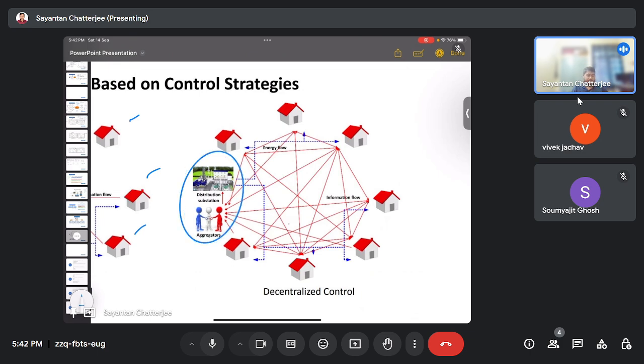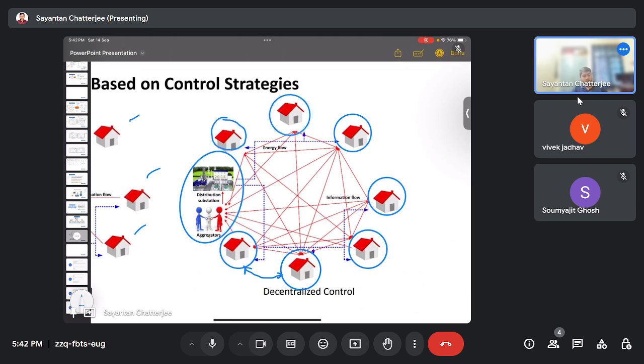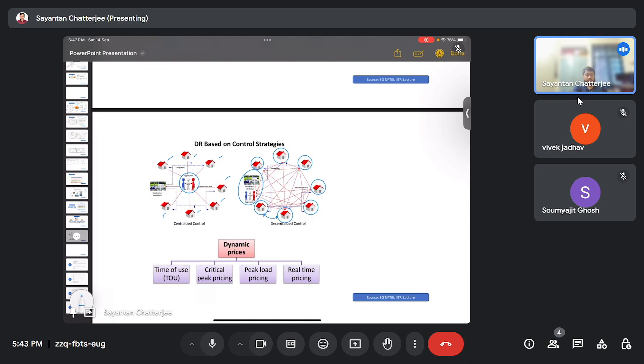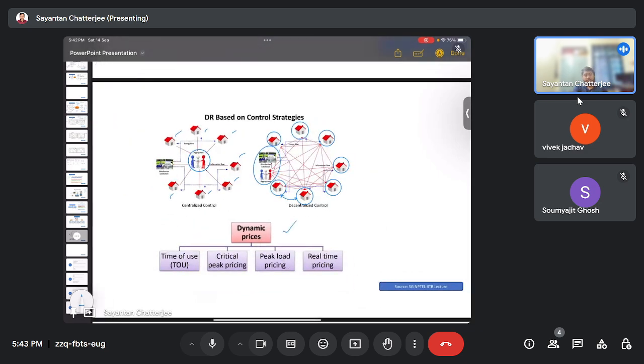Each and every house also communicates with each other, so they have communication from both sides and can interact amongst themselves. So this is the decentralized scheme.